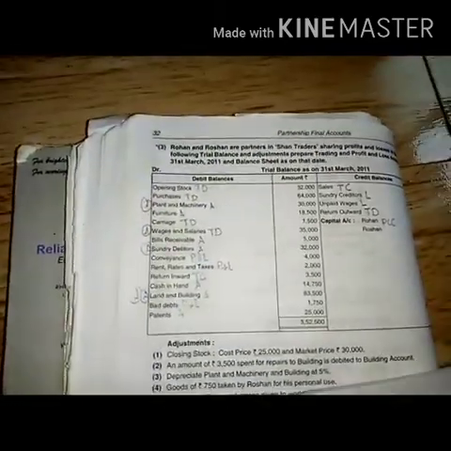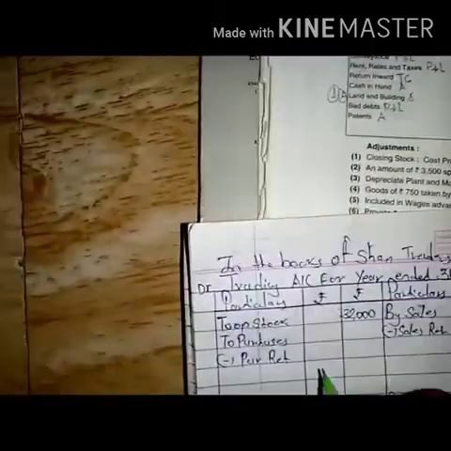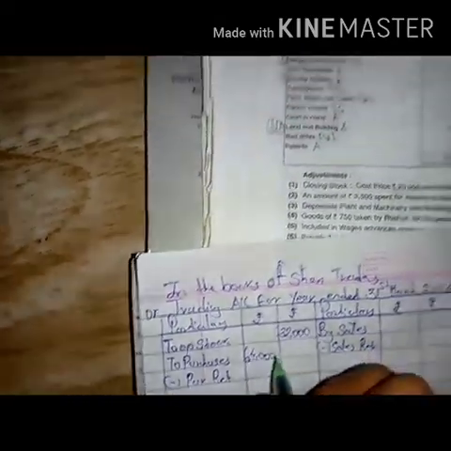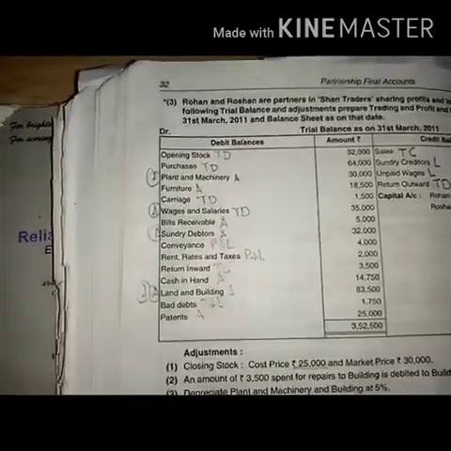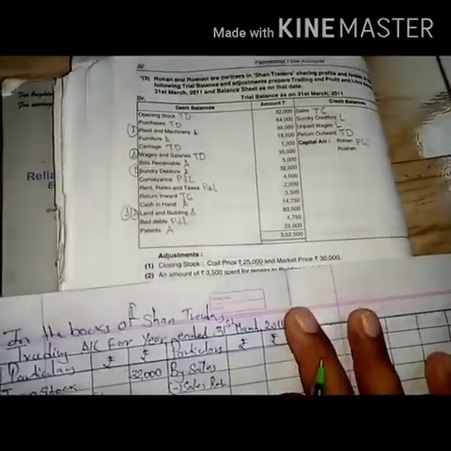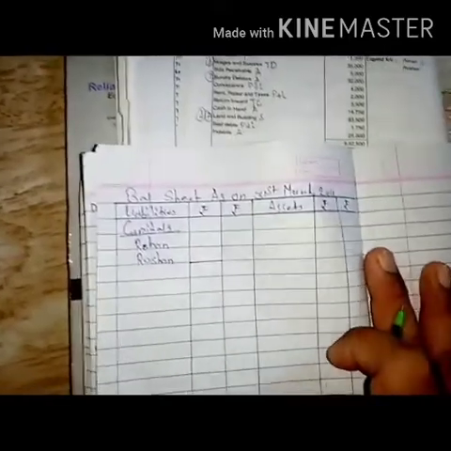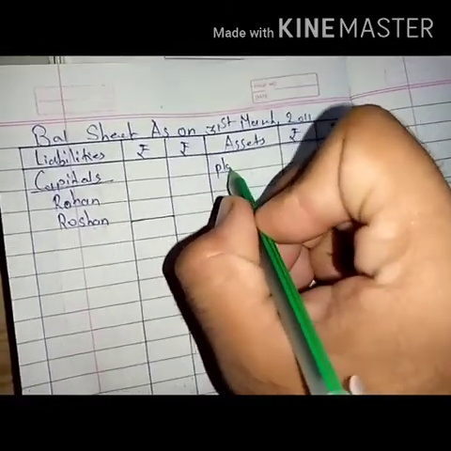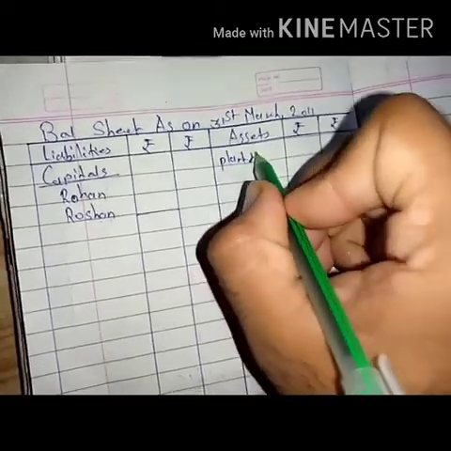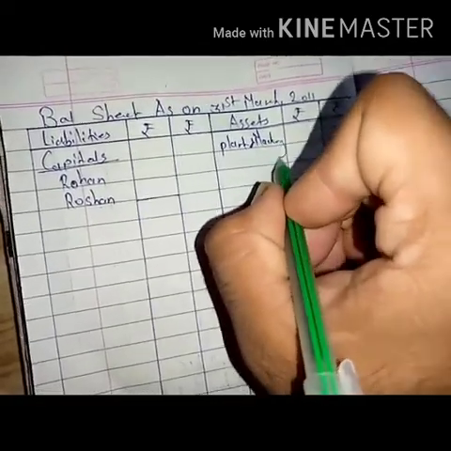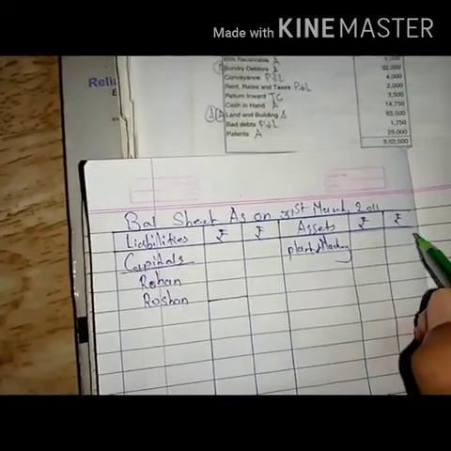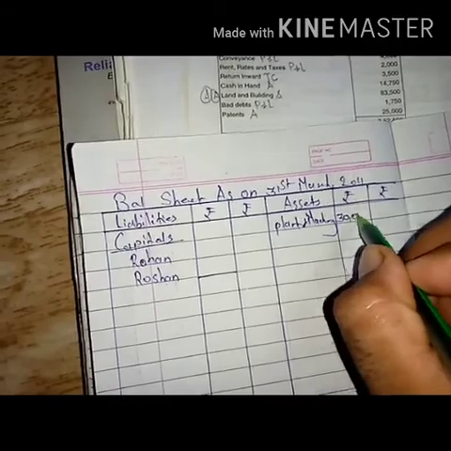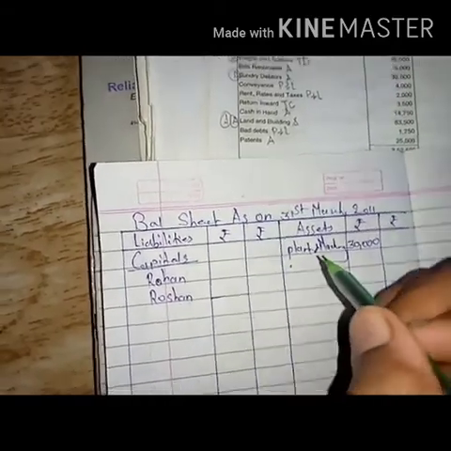Second is purchases, 64,000. Third, plant and machinery, that is assets. Plant and machinery amount is 30,000. It has an adjustment, so write it in the inner column. Leave one line.